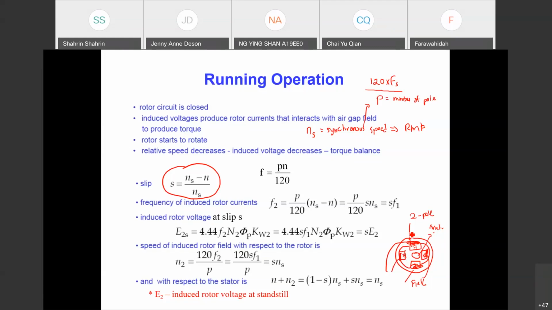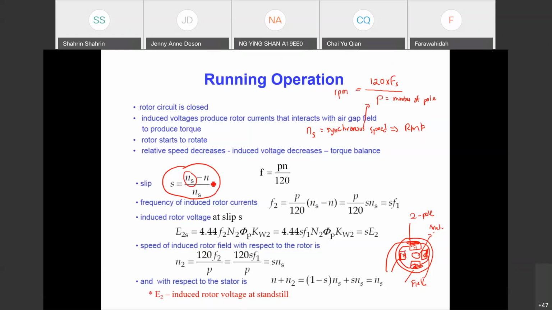So the synchronous speed, or the speed of the rotating flux, can be calculated using this equation: 120 multiplied by the supply frequency over the number of poles. That is your NS, and the unit is RPM.